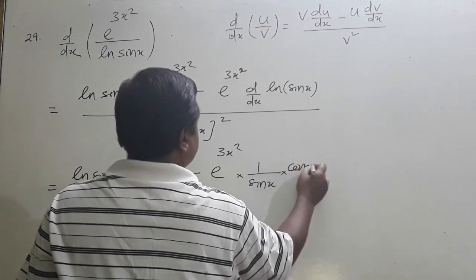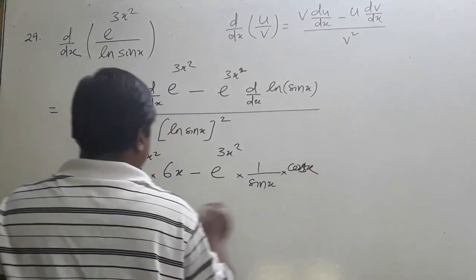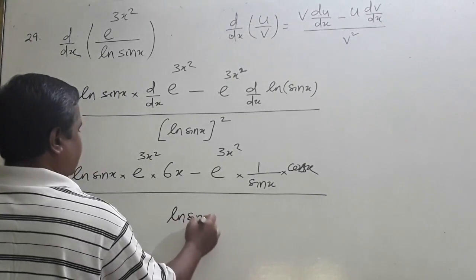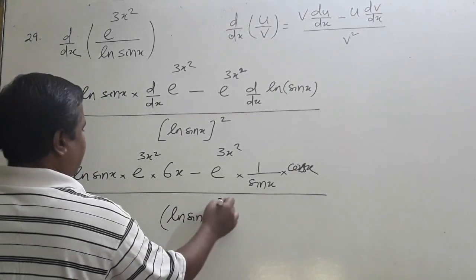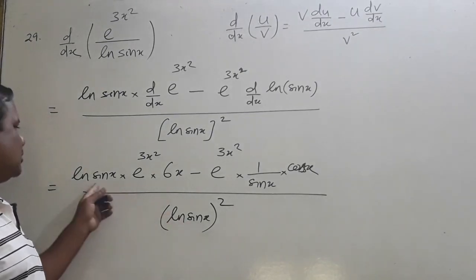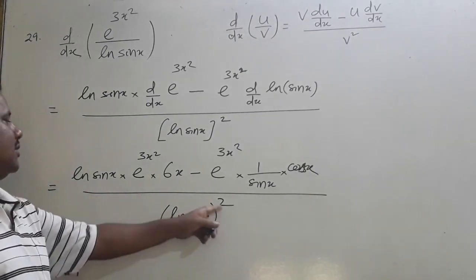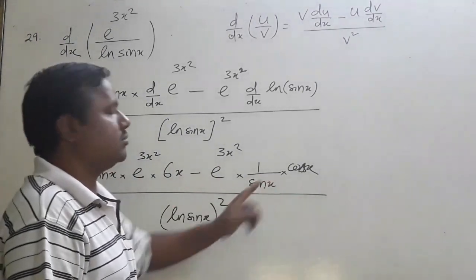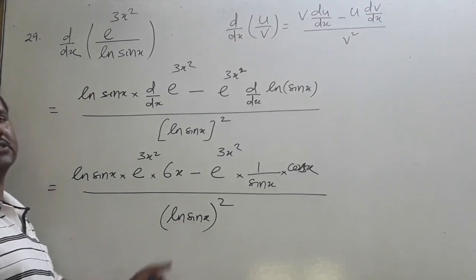It is cos x, by ln sin x whole square. Many of my students cancel this ln sin x with this ln sin x square. Never do like that. These are two terms, so they will never cancel with this.